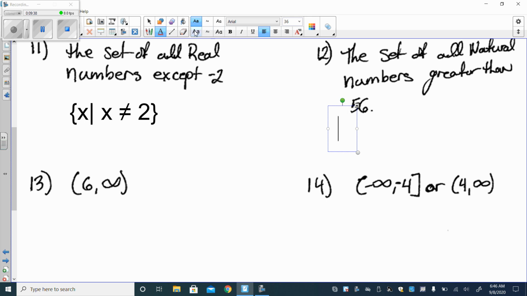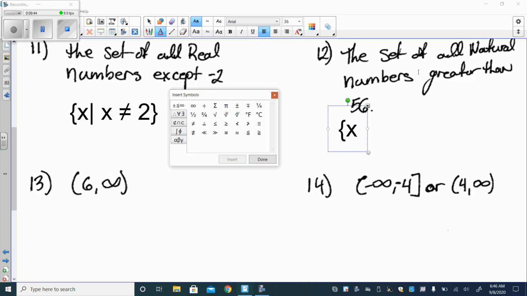I'll go on and look at 12. x is the set of all natural numbers.